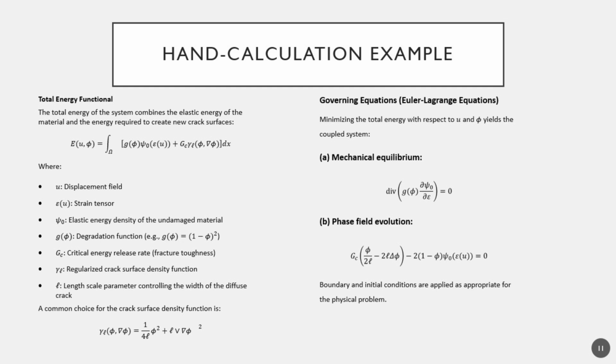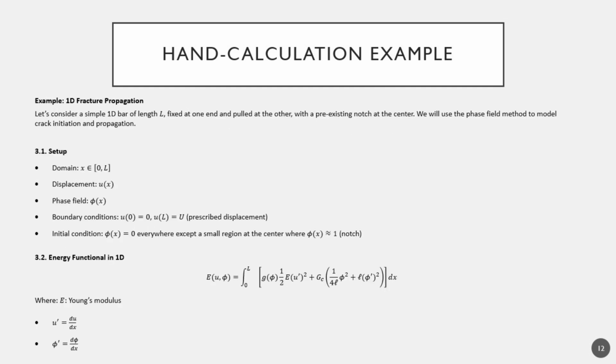in a material. Now let's look at our specific example, which is a 1D bar which is being pulled apart from its 2 ends. So this image shows the scenario. There is a bar of length L, and when we apply force outwards, like it's being ripped apart, the bar will displace a little bit, and that displacement is called u of x, and the phase will be called phi of x.